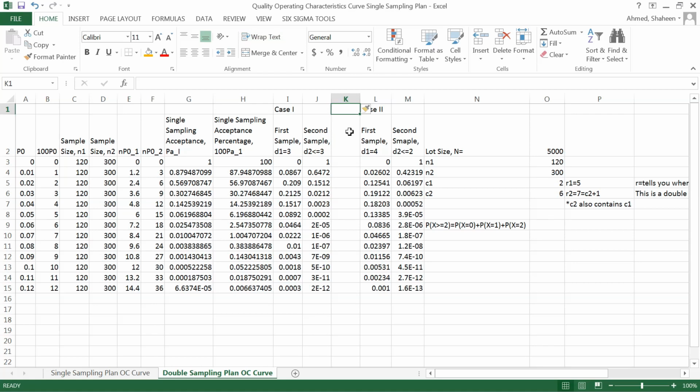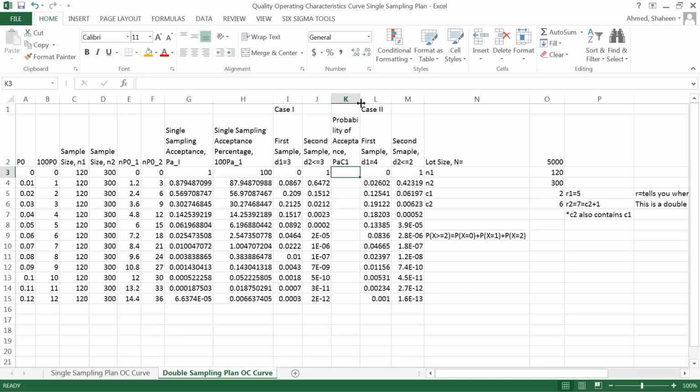Now we're going to calculate the probability for case 1. So let's say case 1 probability of acceptance, PAC1. I'll just write it this way, PA probability of case 1.